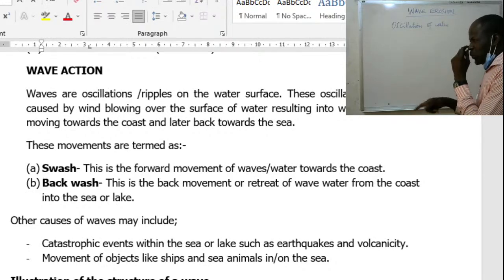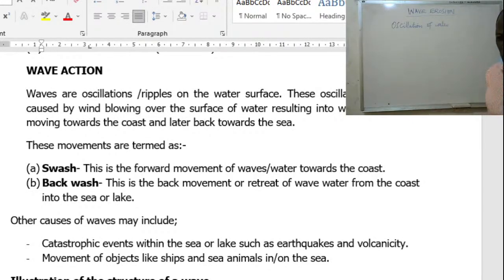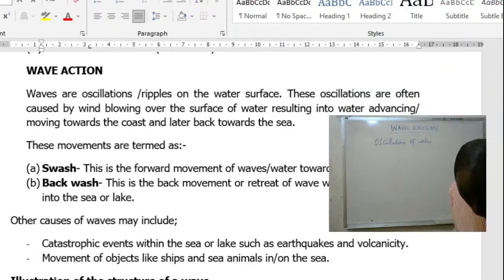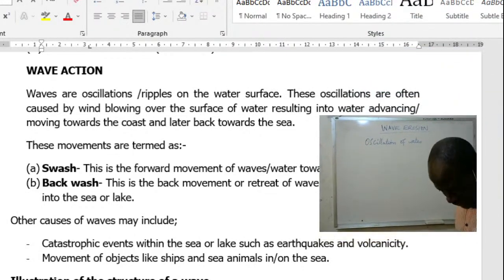Now, what makes this water move towards the coast? Because we said the water within a lake or a sea is not in motion. It's just water contained in a basin or a depression that exists on the surface of the earth. But what makes it move then towards the coast? The force behind the movement of water towards the coast, therefore creating a wave, is the wind.